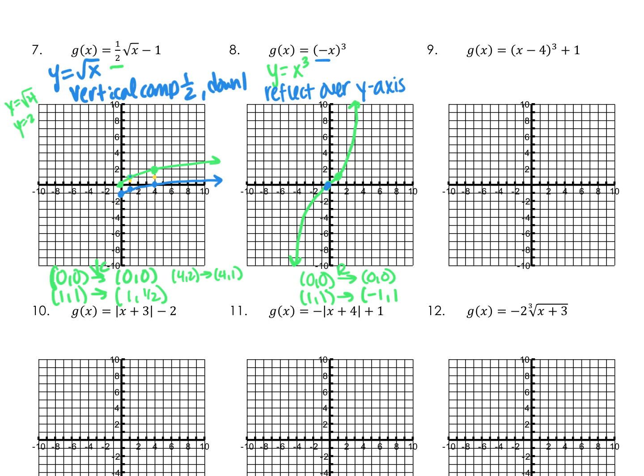So 1, 1, which originally was right here, will now be at negative 1, negative 1, right here. So we've flipped this part upside down. And then the same thing happens, like this point right here, it moves to the other side, right? So now this is going to reflect up this way. So this is our answer here.